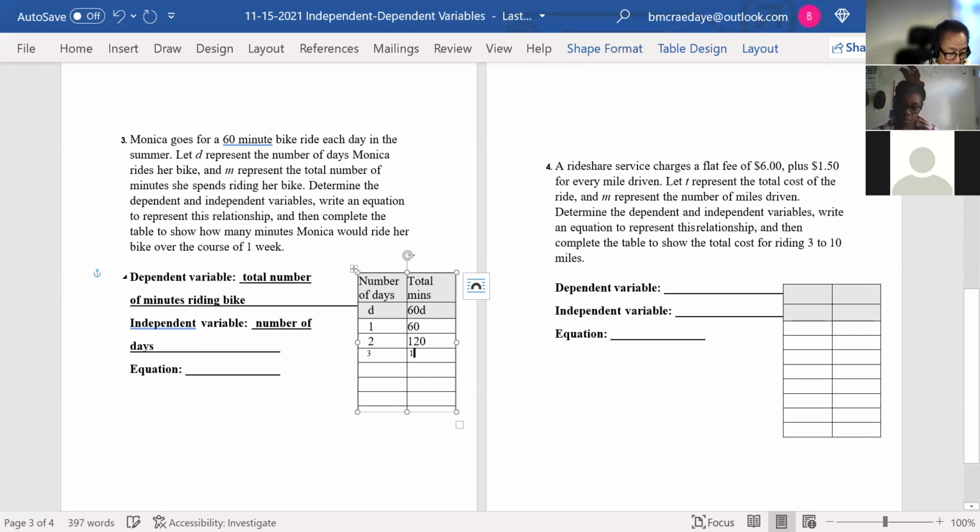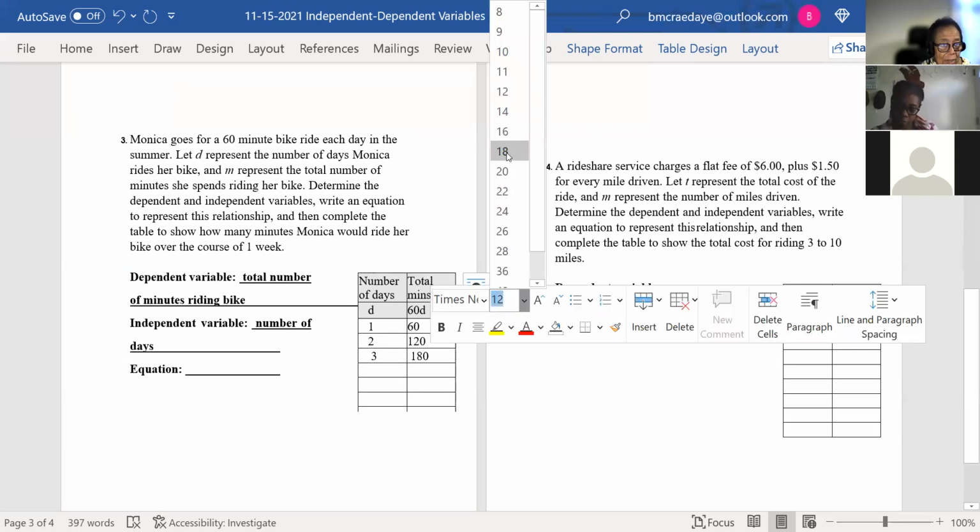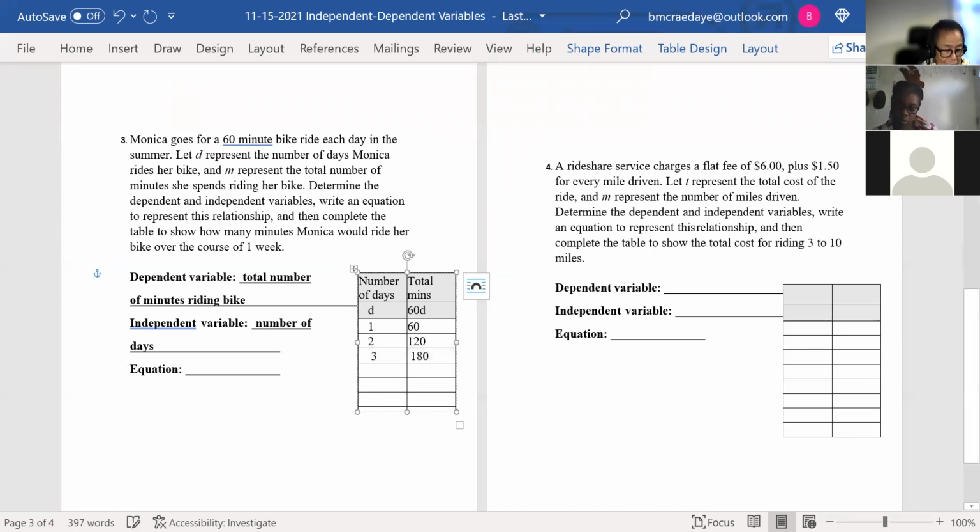So you see how you can finish filling in your table, right? Now let's see, 4, 5, 6. Suppose this is 6. What would be the total minutes? 6 times 60, 360, right?